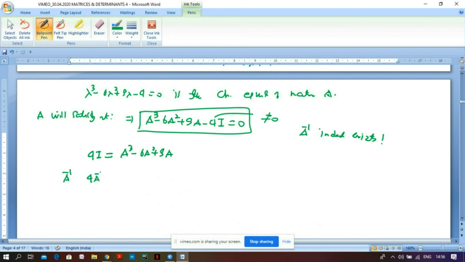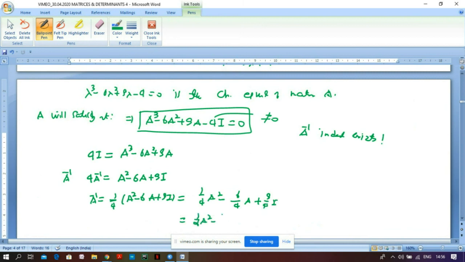So 4 times A inverse is A squared minus 6A, power decreases by 1, and plus 9I. And your A inverse is 1 over 4 times (A squared minus 6A plus 9I), which I can write as 1 over 4 A squared minus 6 over 4 A plus 9 over 4 I. That is 1 over 4 A squared minus 3 over 2 A plus 9 over 4 I.